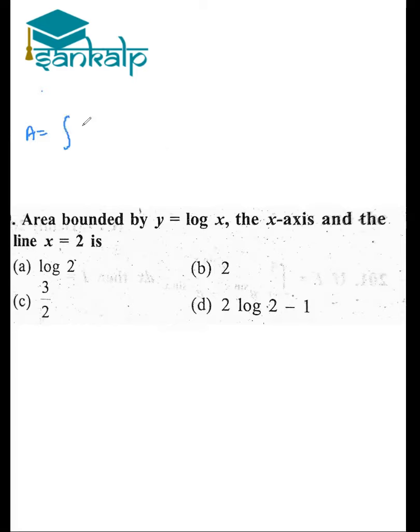The limits are from 1 to 2. The other boundary is the x-axis, where y is 0.